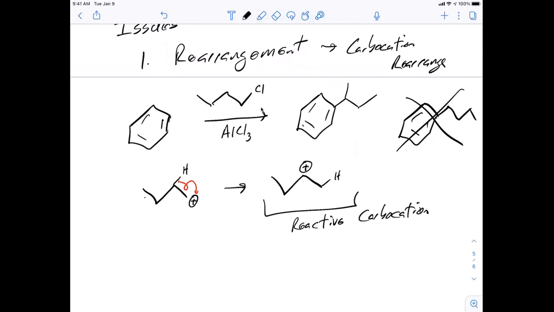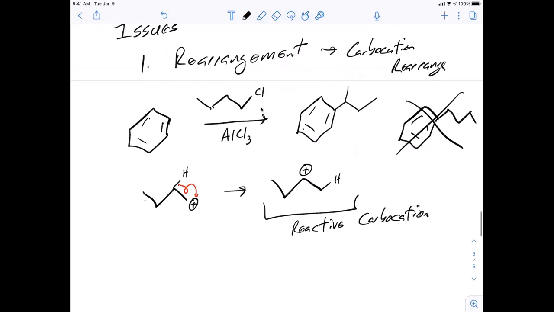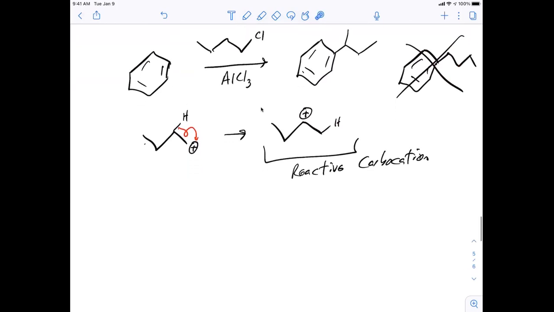So the first thing we have to watch out for is rearrangement. Making a primary group like this is something we can't do with a Friedel-Crafts alkylation. It's always going to rearrange to at least a secondary, if not tertiary carbocation.